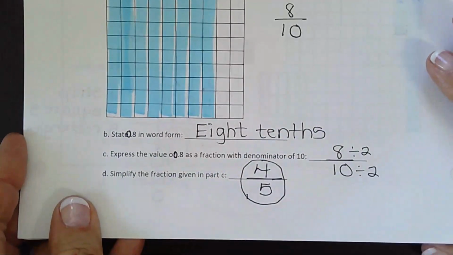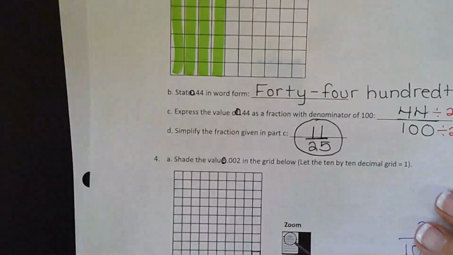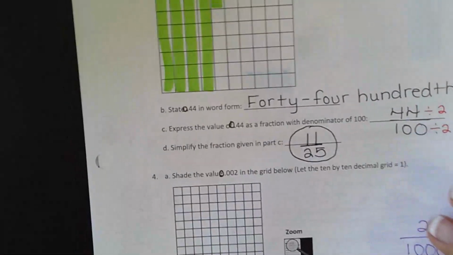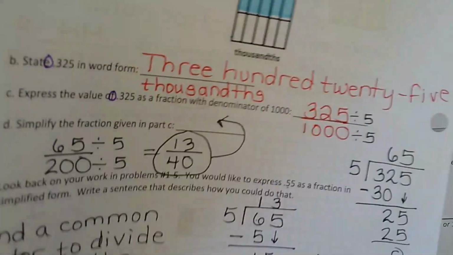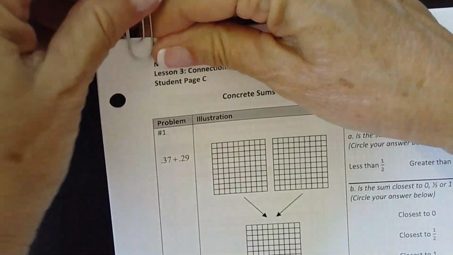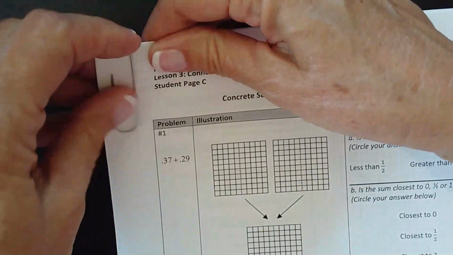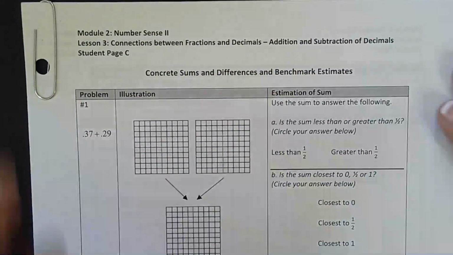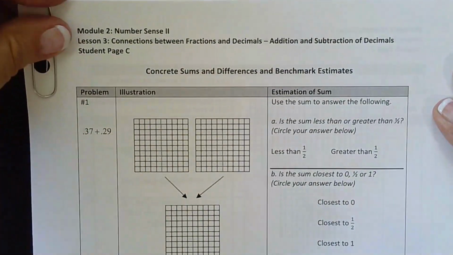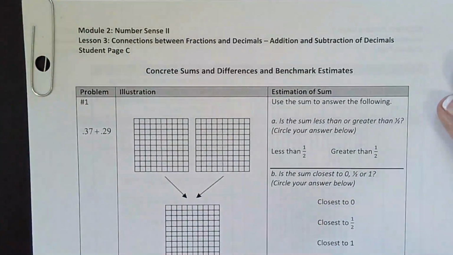I forgot that page. We already did Student Page B, Page 2, and Student Page B, Page 3. So that leaves us ready to start adding and subtracting decimals on Student Page C. Sorry if that got you all confused with your notes. Obviously it must have got me confused too, because I just flipped over the page without doing it.